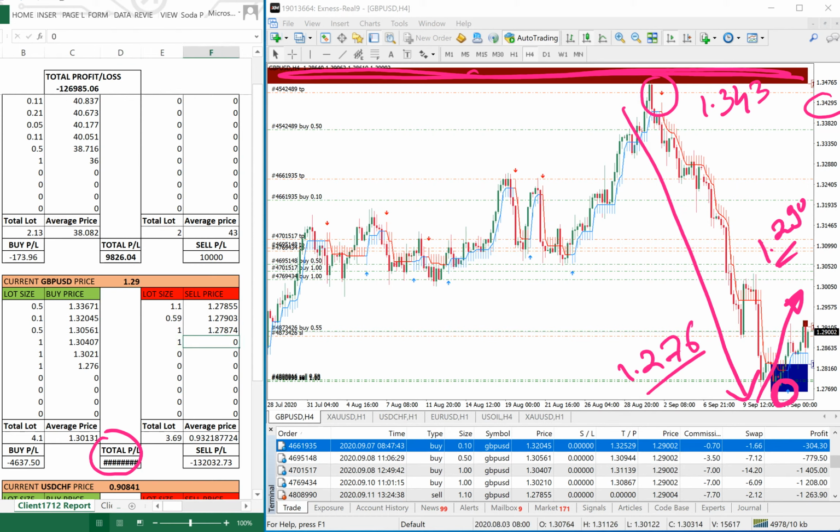We will hold that sell position for 1.3430, and we can see his loss is directly reduced from 9,800 to minus 2370, and his total profit increases to 7,300 from the loss of $12,000.